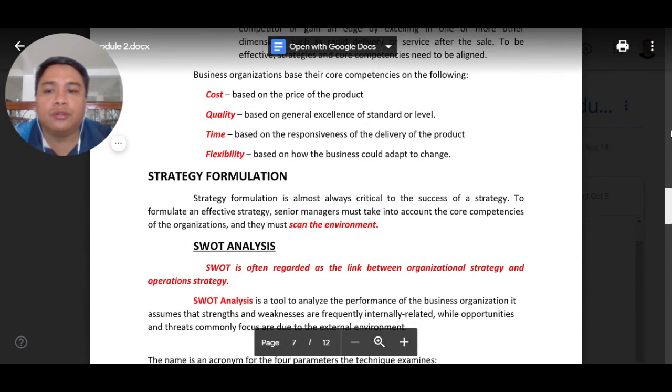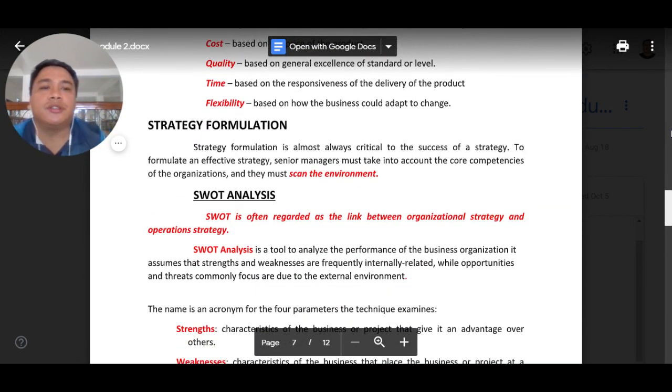And now we go on to what we call strategy formulation. So we are finished with strategy and tactics. Then how would we be able to formulate our strategy? Strategy formulation is almost always critical to the success of a strategy. When we try to create an effective strategy, senior managers must take into account the core competencies of the organization.